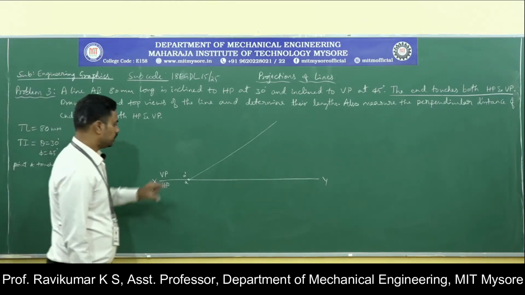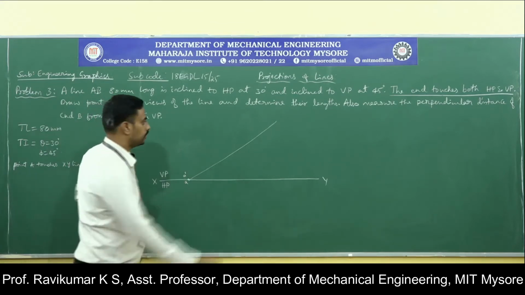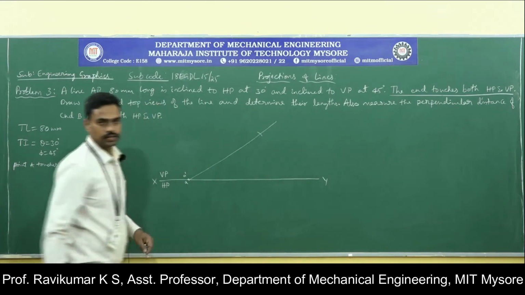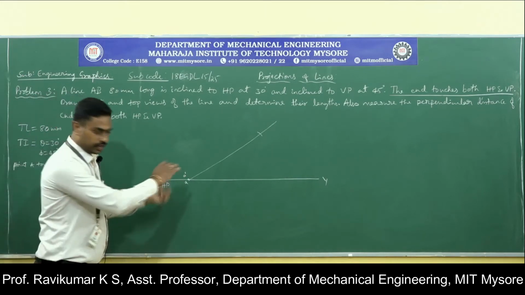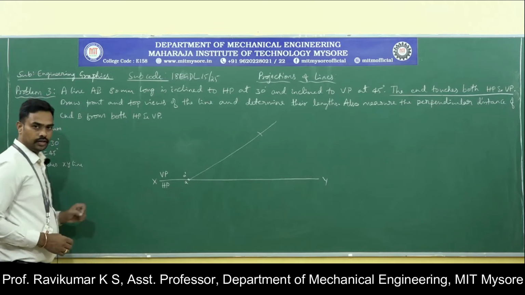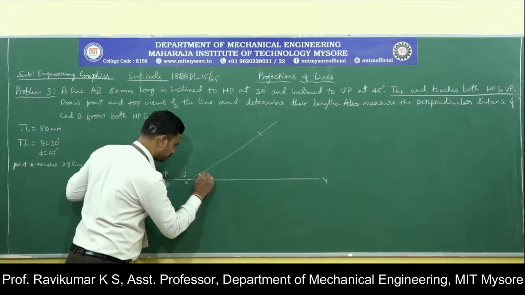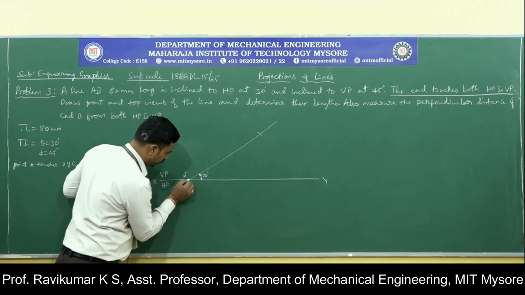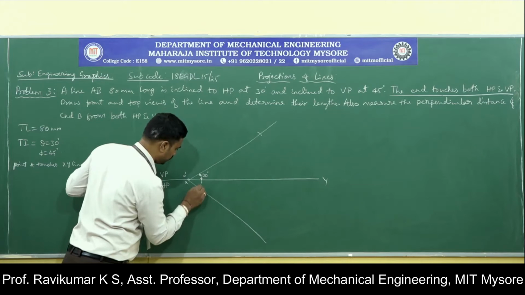Take the compass, measure 80 mm, select A dash as center, then cut 80 mm. Similarly, for phi 45 degrees, keep the protractor inverted at point A, measure 45 degrees and draw a line; this angle will be 45 degrees.